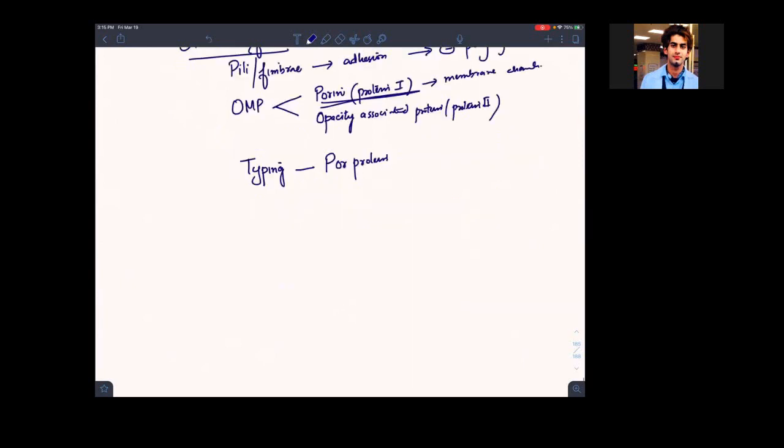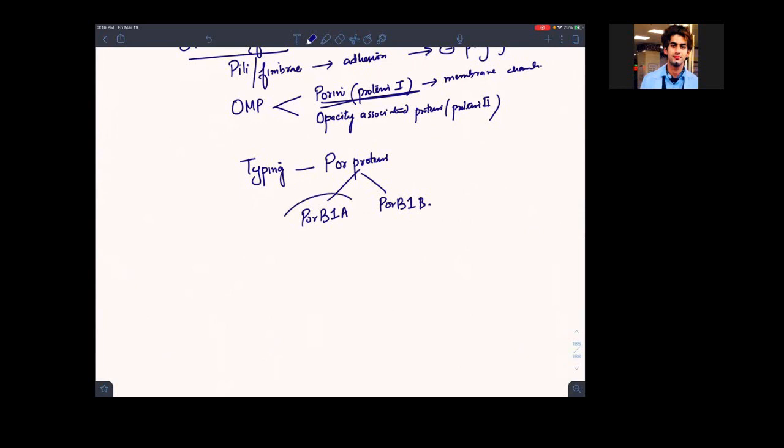So if I want to classify them, I say pore protein is PorB1A and PorB1B. Now a question will be asked in your exam. Out of two, which has the higher propensity for causing disseminated infection, spread everywhere, a diffuse infection?